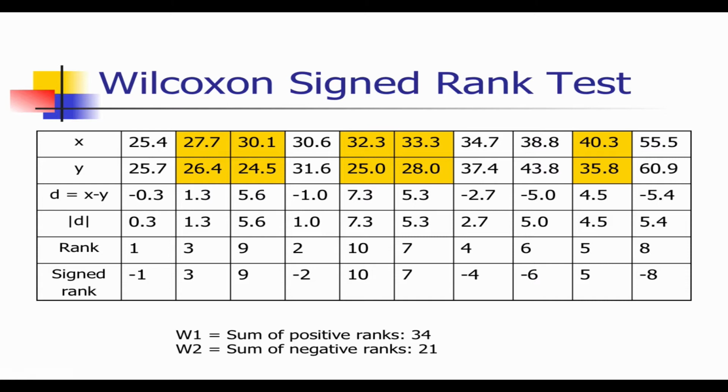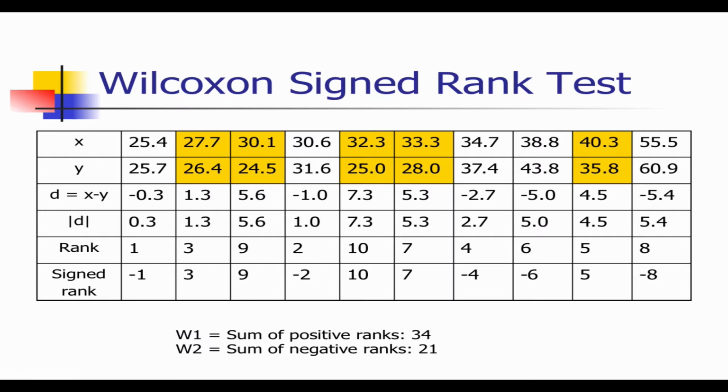This probably looks quite like a cookbook, where you are doing it step by step without really thinking about why. I can give you a little bit of explanation. Essentially, the idea is if the null hypothesis is correct, the positive differences and the negative differences should be roughly the same, or balanced, right?